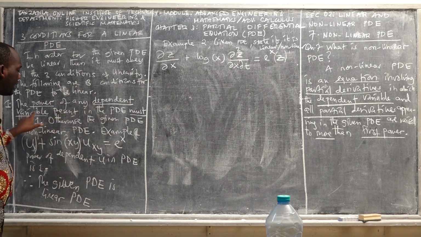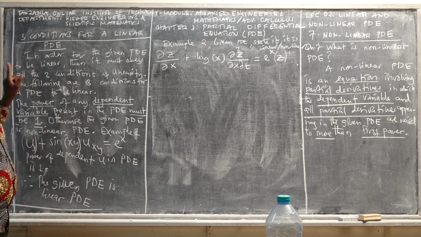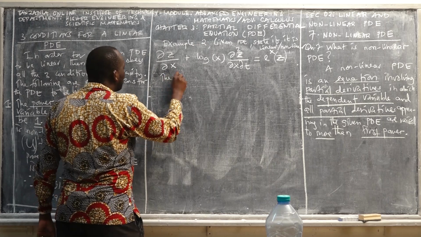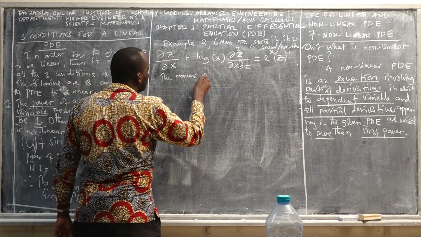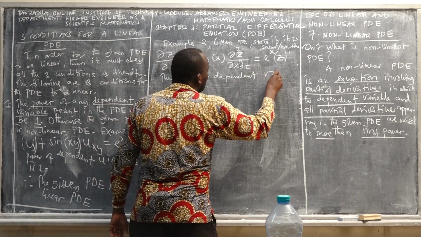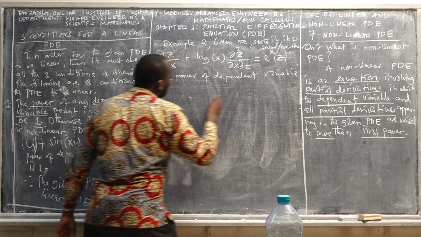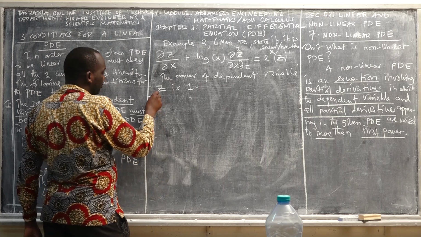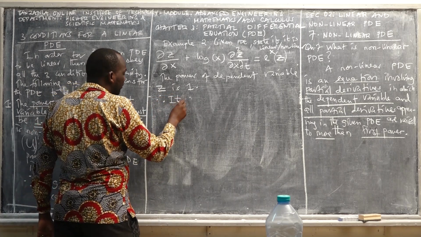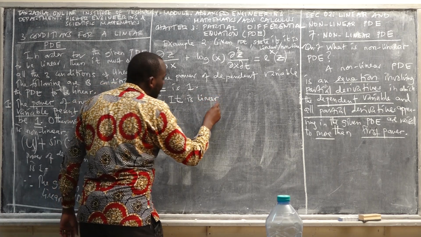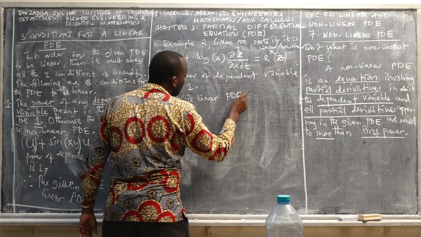The power of any dependent variable present in the given partial differential equation must be 1 in order for it to be linear. So the power of the dependent variable, for this case z, is 1. Therefore we say that the given differential equation is a linear partial differential equation.